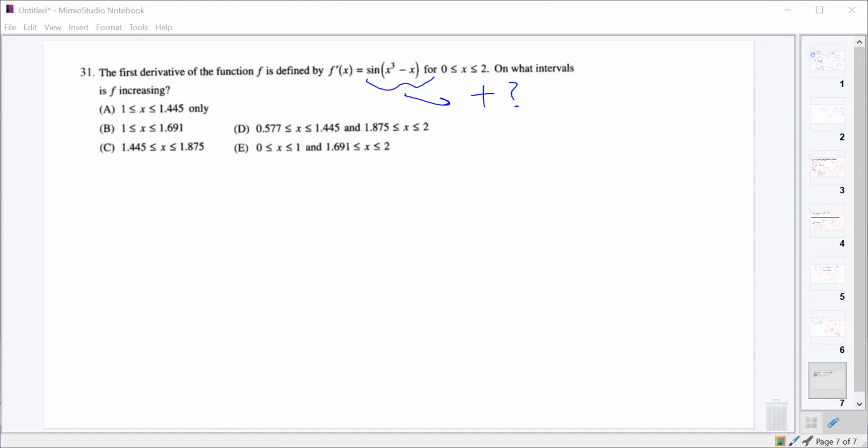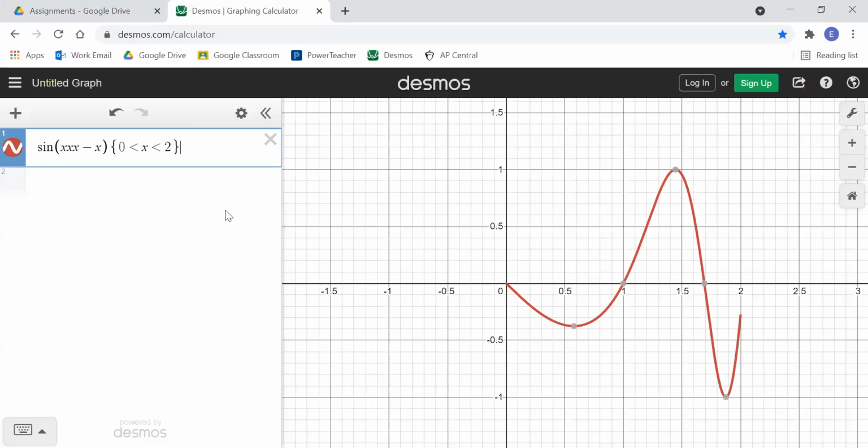Let's restrict our domain so we're not looking at a bunch of extra values. We wanted to know when it's increasing, so when is it positive?